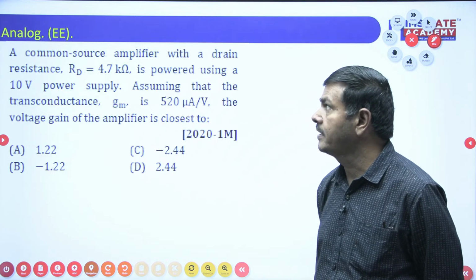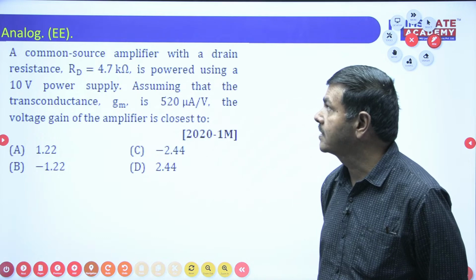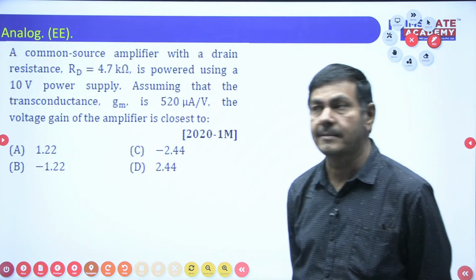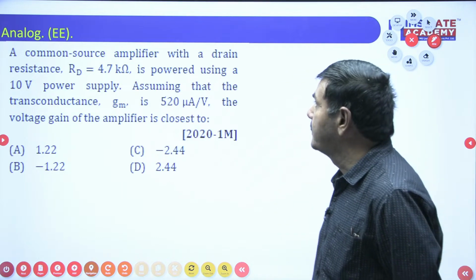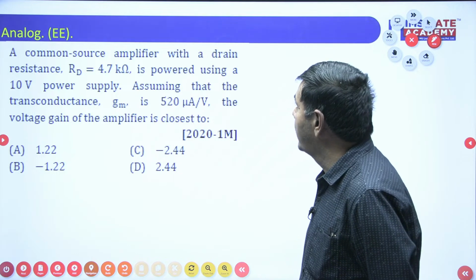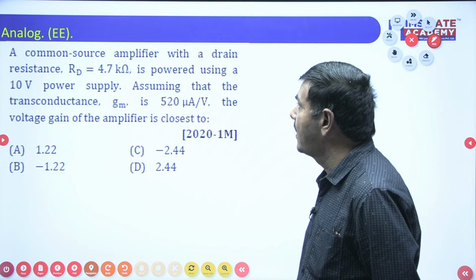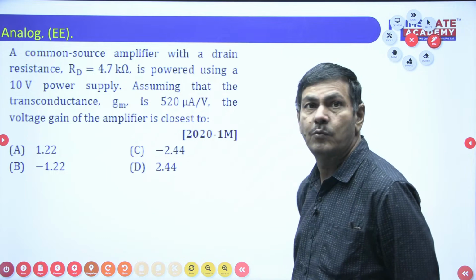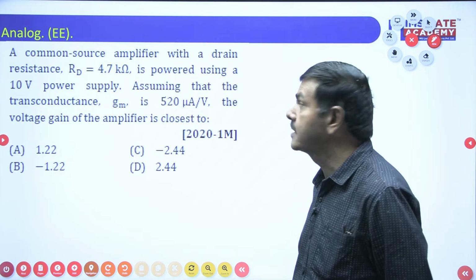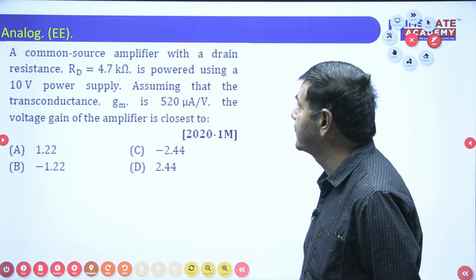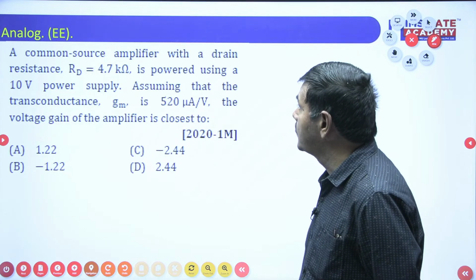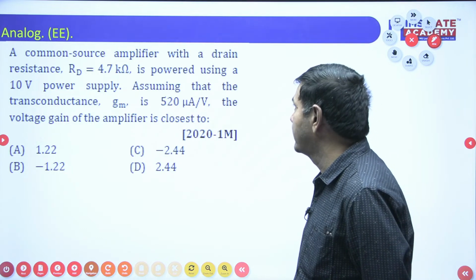GATE 2020 analog question from the branch electrical. What is given? A common source amplifier with a drain resistance RD equal to 4.7 kilo ohms. Drain resistance is given, 4.7K. Is powered using a 10 volts power supply.